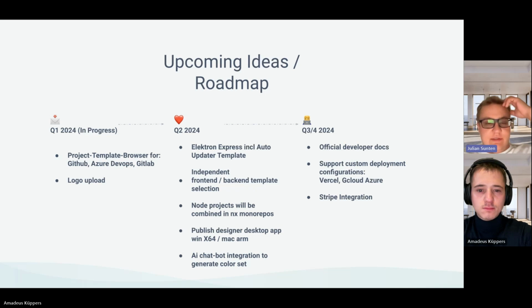And the last thing is something that is probably not surprising, as 2023 was already all about AI. We also plan some AI features, for example, to generate color sets. We won't implement AI just because it's fancy. We want to create really useful features.